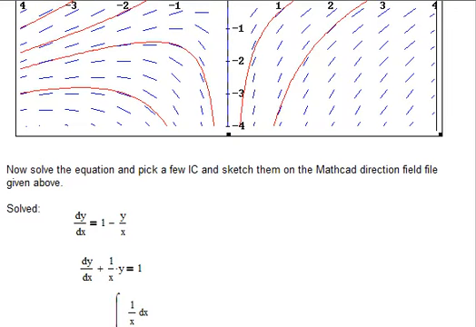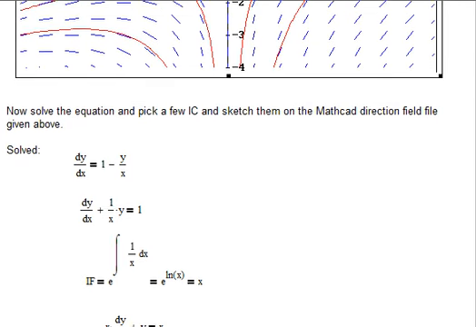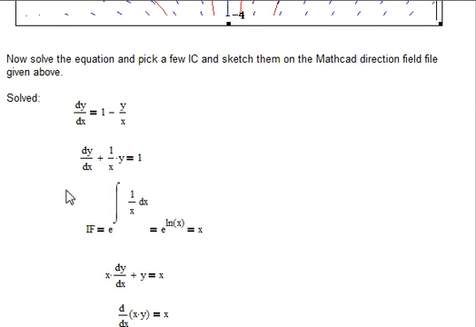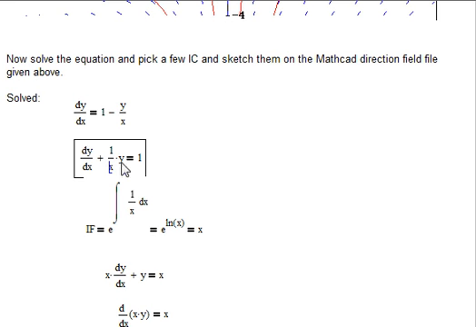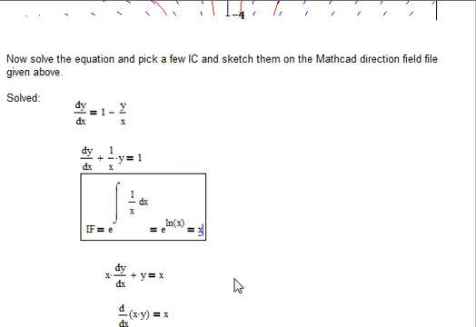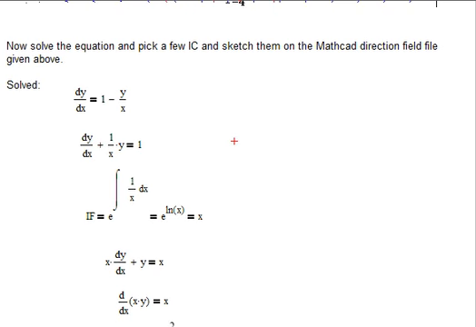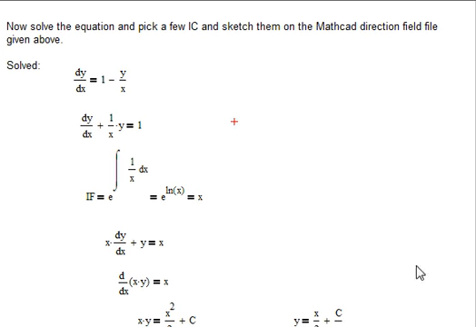So here is the differential equation solved. Of course, this is just the integrating factor e to the integral of 1 over x dx, so e to the ln of x, which is just x. Multiply both sides of this equation by x, and we have x dy/dx plus y equals x. So that means the derivative of xy equals x.